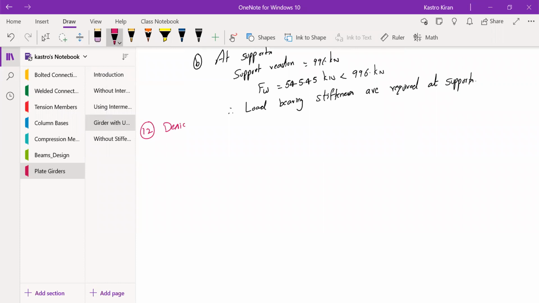That's the reason why I'm solving only at supports. So usually you have to find out the dimensions of the bearing stiffener.